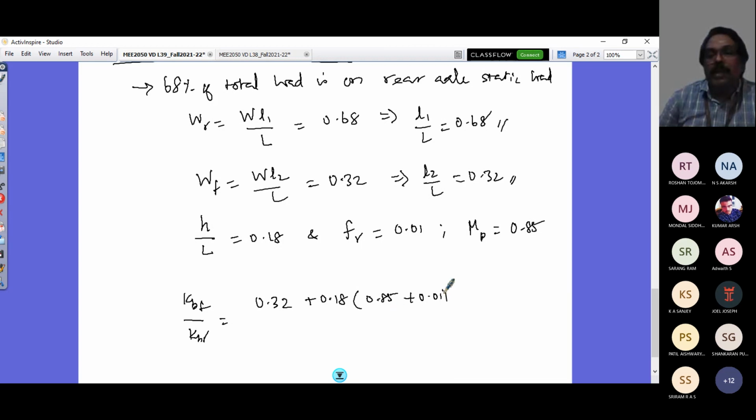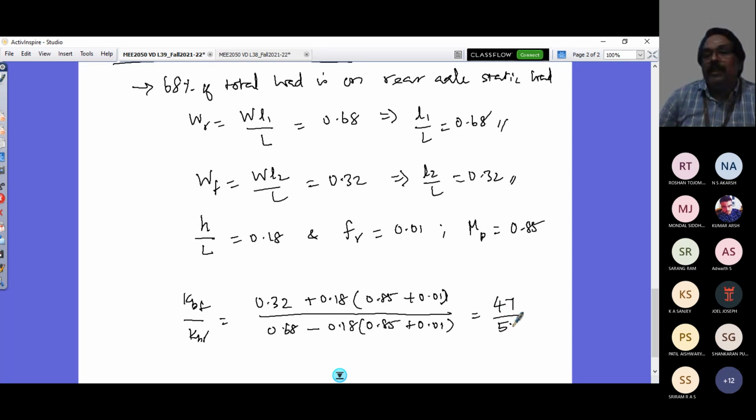So that is the numerator. In the denominator, 0.68 minus 0.18 into (0.85 plus 0.01). This would give me the value 47 by 53.